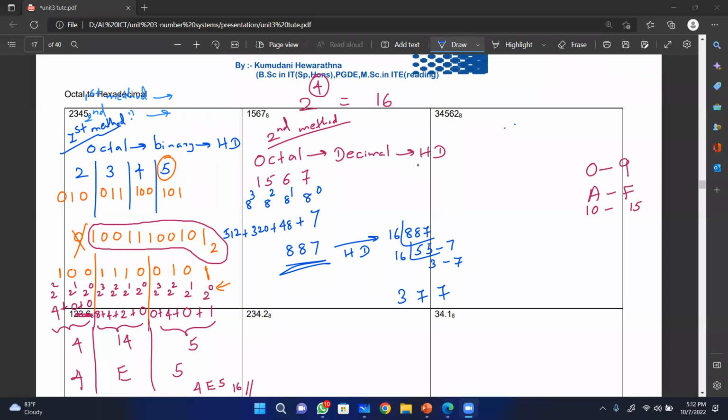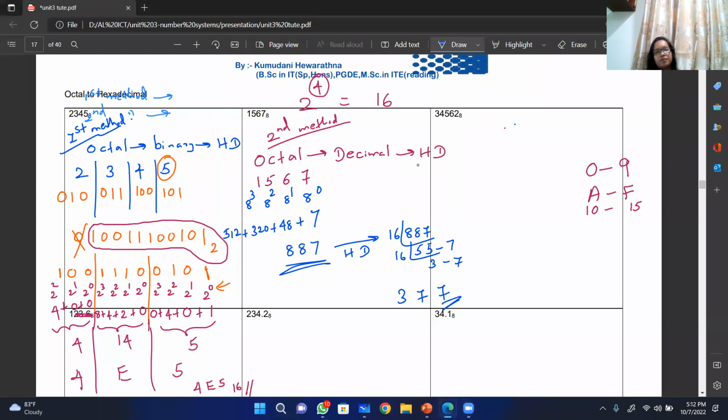Yes, teacher, I got it, 377. Yeah, it is correct. Now put the base 16, you definitely have to put that.